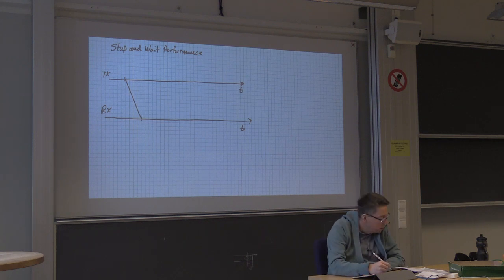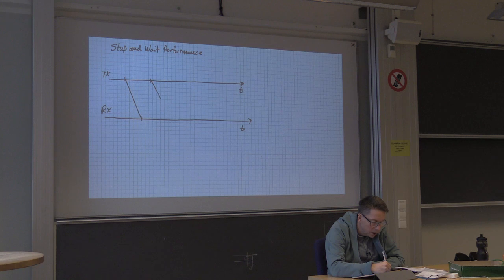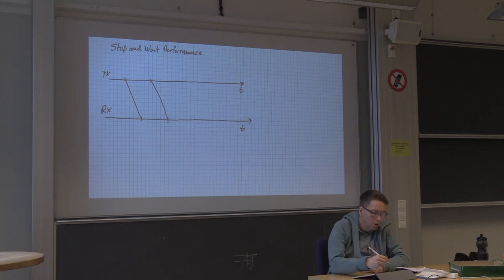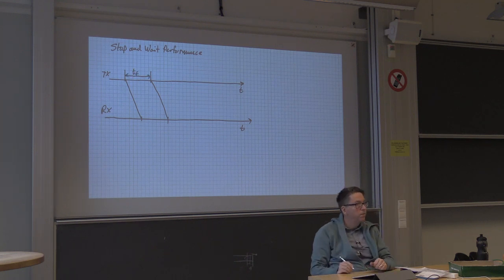And then the last bit in the transmitted frame will be transmitted at this time, and then it goes over the channel, and it will reach the receiver at this time. So the time between these two events is called the frame duration, TF.